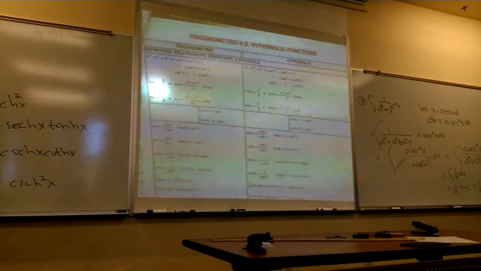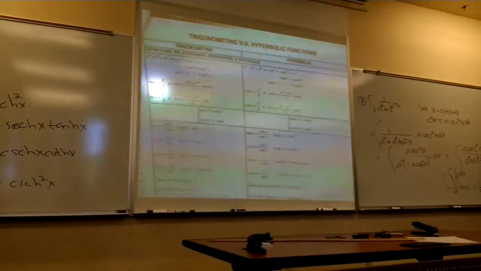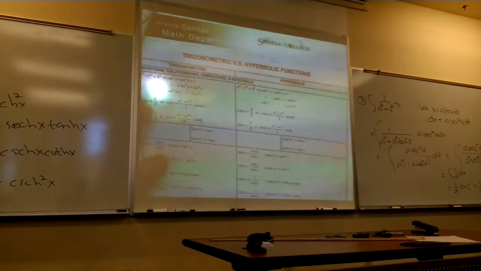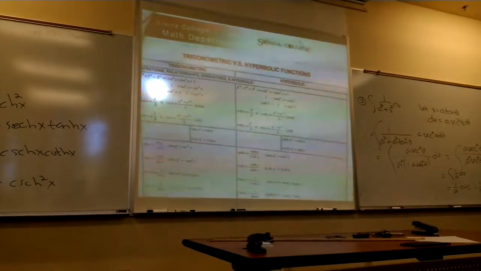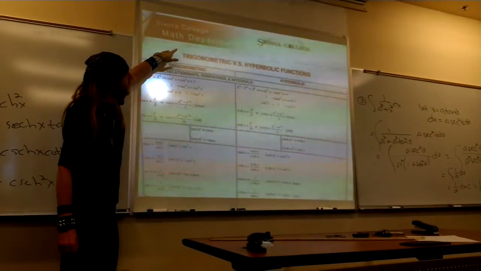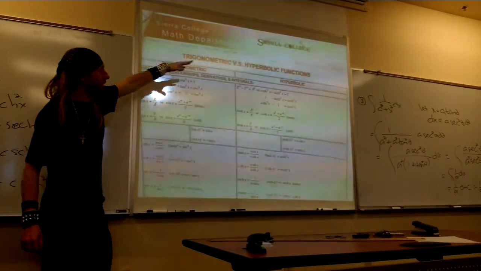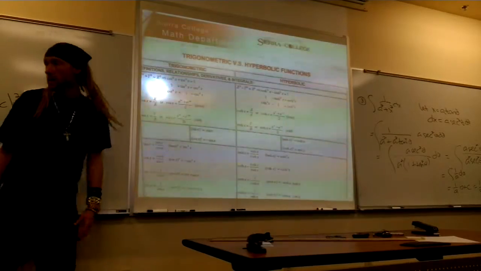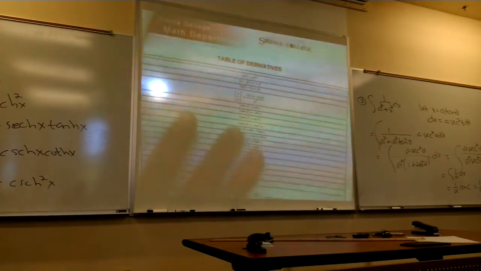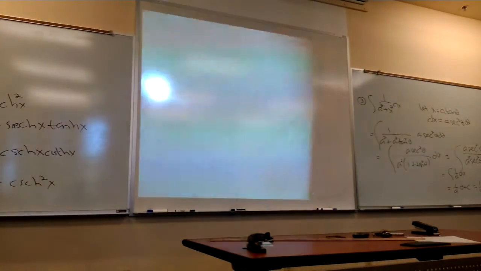Where did you get this? You can see this right here: the Sierra College Math Department webpage. I believe it's under the math resources, and it'll say trigonometric versus hyperbolic functions. Just click on this. There's a back page to it if you want to see that real fast. This is more of the stuff. They do have a lot of resources.